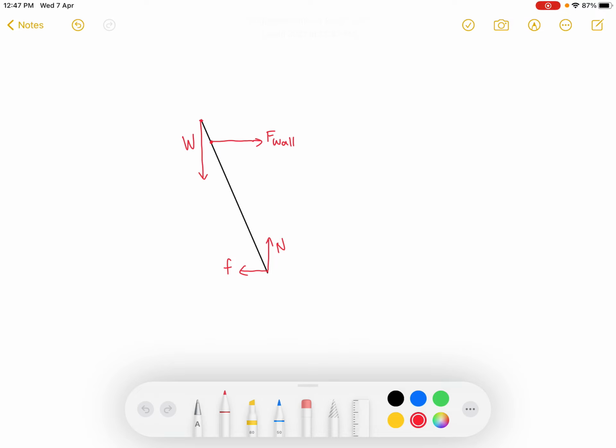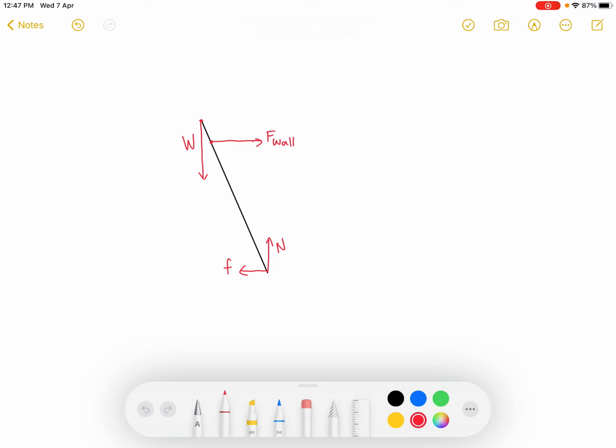The next step is to choose the pivot point about which we calculate the torque. Again, a good choice of pivot point would be the point where you have an unknown force, or the point where you have two or more forces that are acting. Because then if you put the pivot point at the point where there are two or more forces acting, you are able to eliminate those forces.